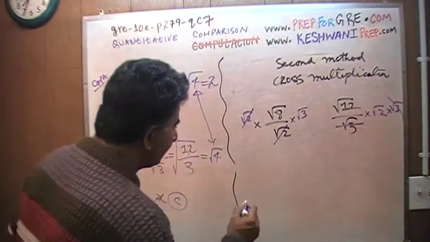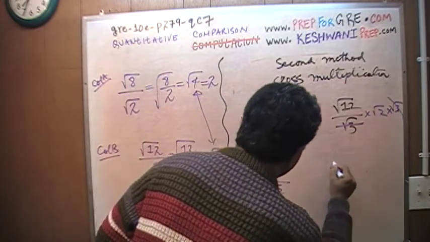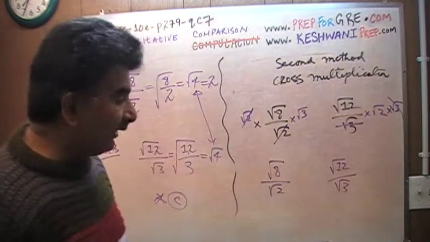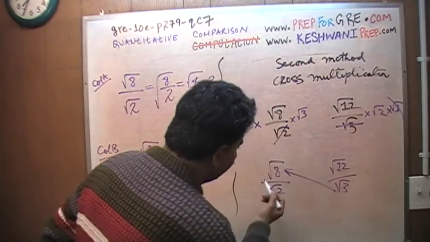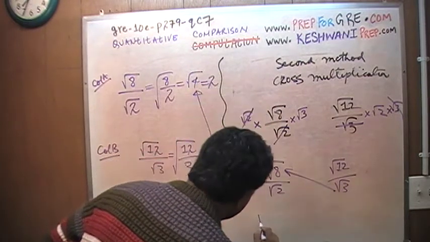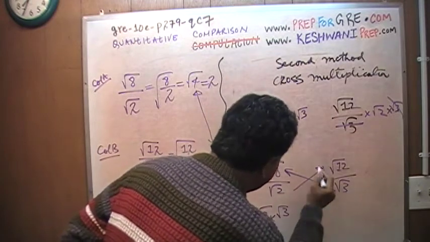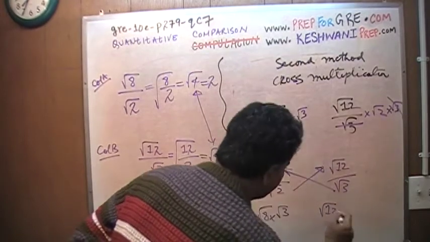I'm going to show you the same thing again a little bit differently. In essence what we are doing is cross multiplying right here. This becomes square root of 8 times square root of 3, and this column becomes square root of 12 times square root of 2.